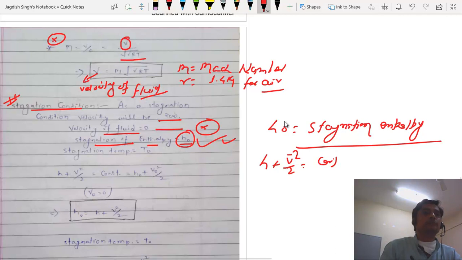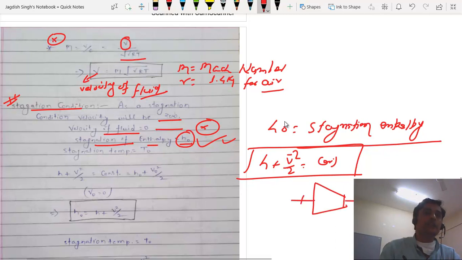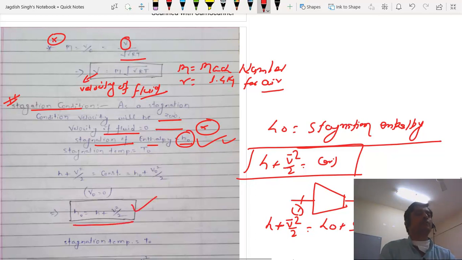Suppose this is the nozzle, this is the entry, and this is the stagnation condition. If at the entry the enthalpy is H and velocity is V, then H plus V square by 2 is equal to H naught plus 0 square by 2, since velocity becomes 0. This is called stagnation enthalpy. So stagnation enthalpy is equal to H plus V square by 2.